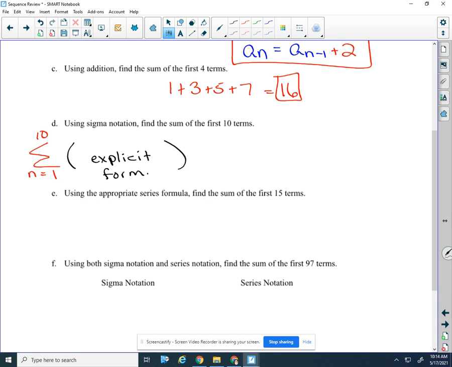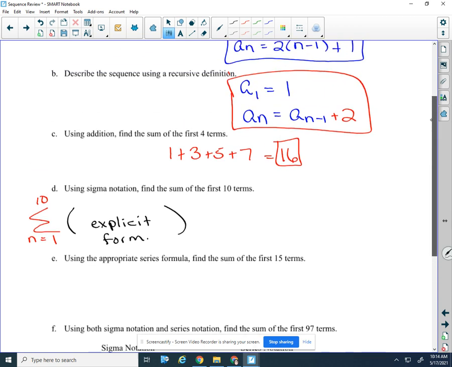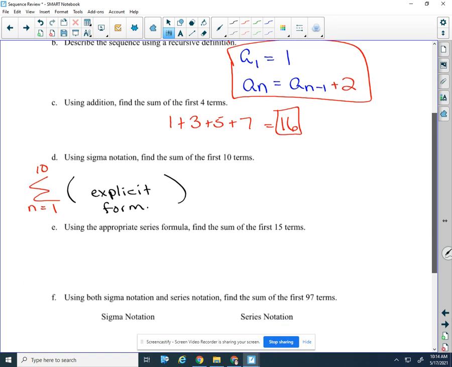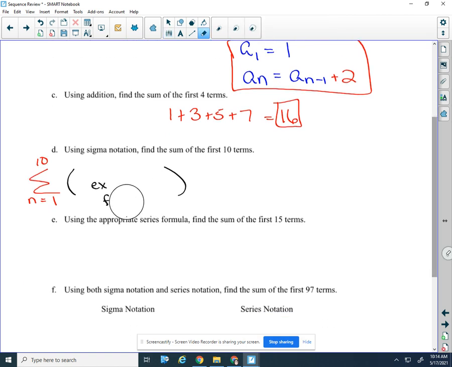formula. So if we look up here, this thing in blue, actually without, this part is going to go by your summation. So 2 times n minus 1 plus our first term is 1.